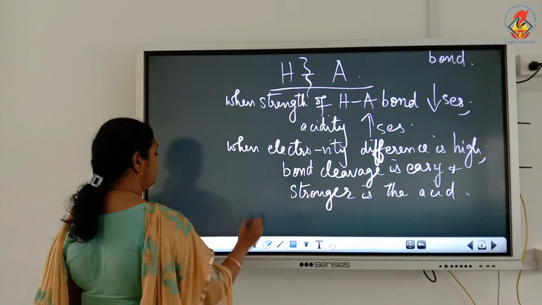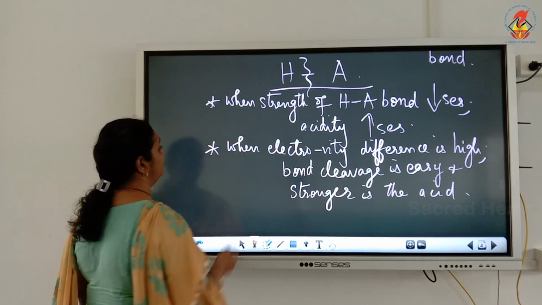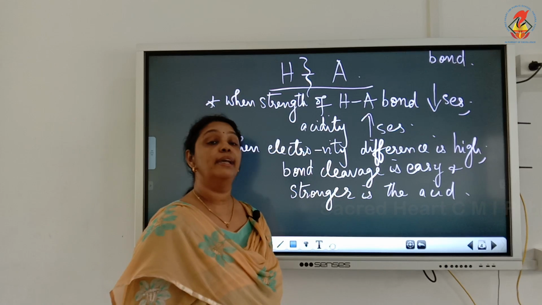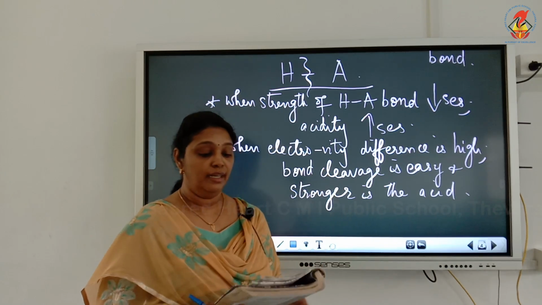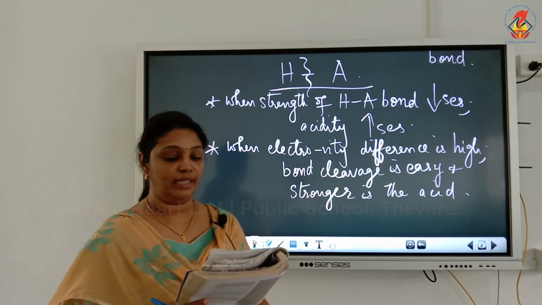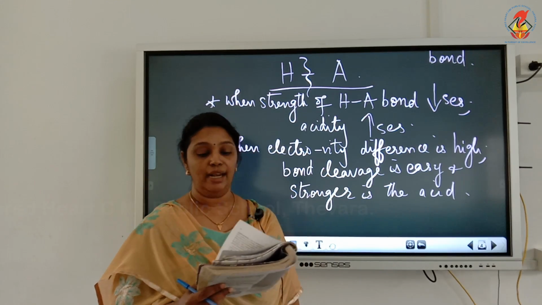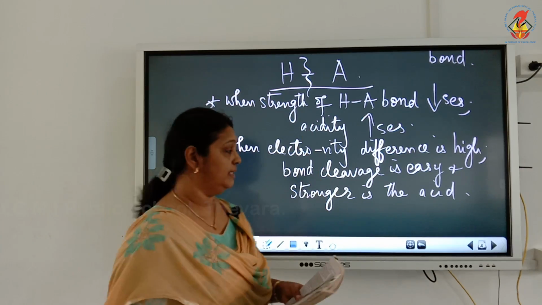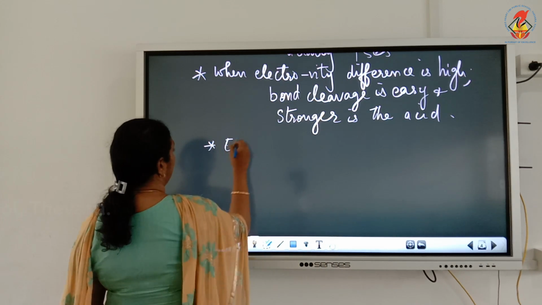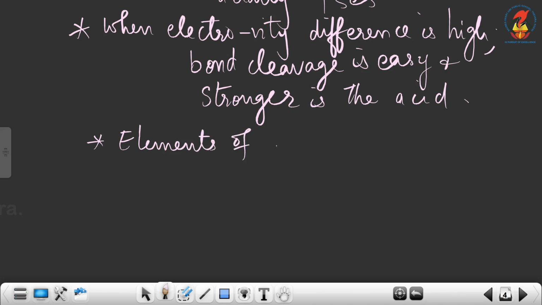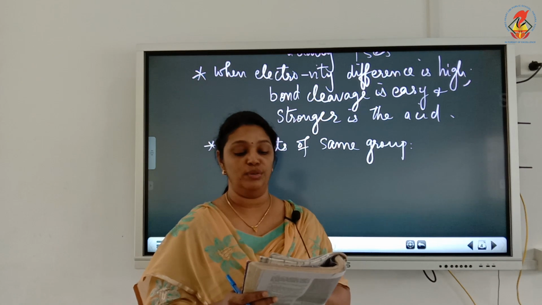Okay, so these 2 points are very important when we discuss the factors. One is the strength of the HA bond and the other is the electronegativity difference. Now, the next point you have noticed: when we compare elements in the same group of the periodic table, like group 1, group 2, here we have to consider the HA bond strength.